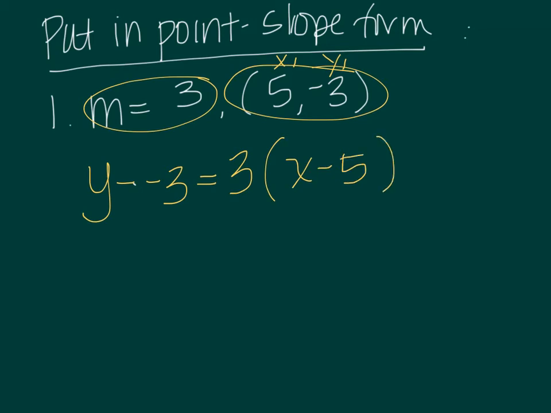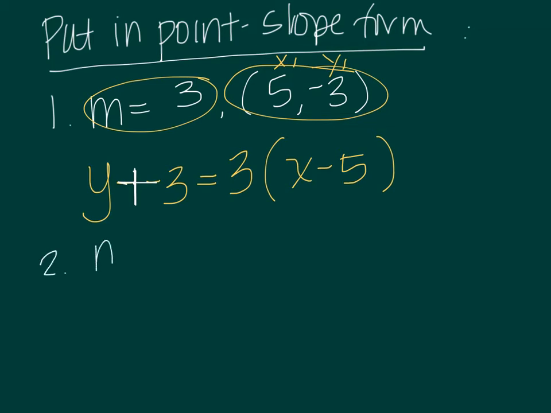And I want you to notice that when I have two negatives right here, those make a positive. If you look, your 5 in the equation is a negative 5, and in your point you have negative 3, but here it's a positive 3. So that sign flips.